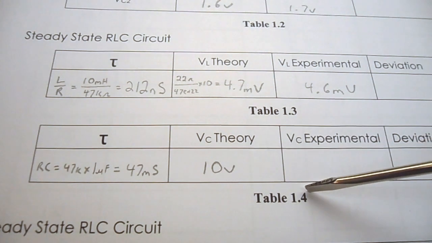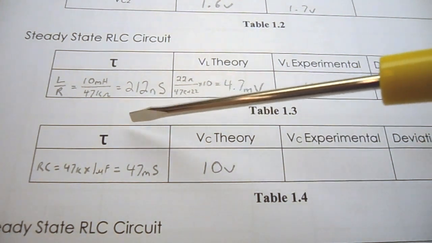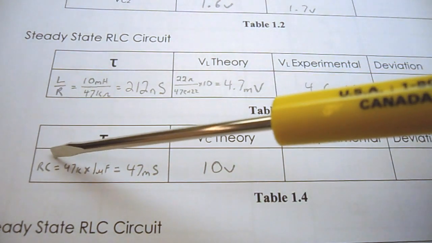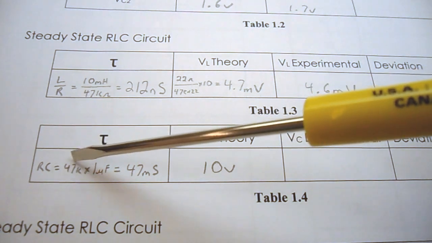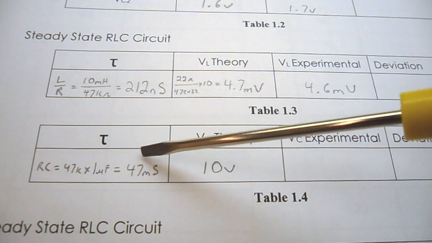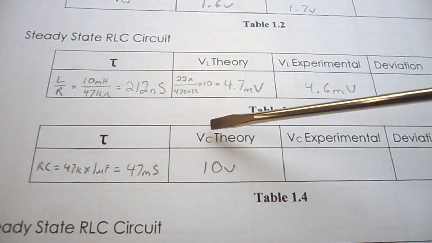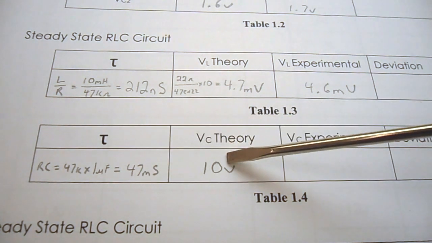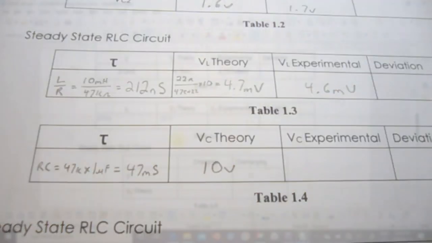So in table 1.4, tau is calculated as R times C, which is 47K times 1 microfarad, and that works out to 47 milliseconds. And VC in theory should be 10 volts.